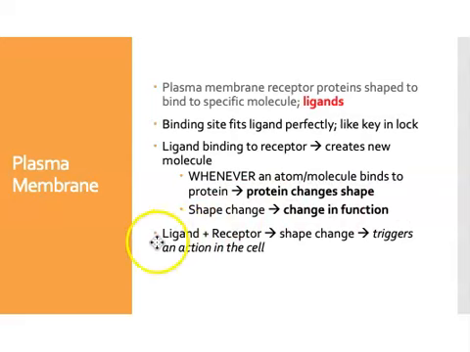So when a ligand, again, any particular molecule, binds to a receptor in the membrane of a cell, there will be a shape change that happens. And that shape change is going to trigger some action in the cell. This is a very common physiological process in living cells.